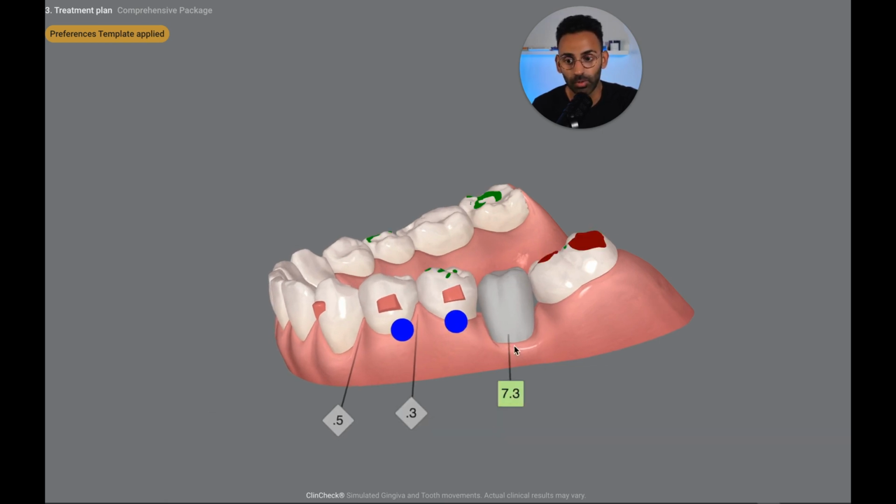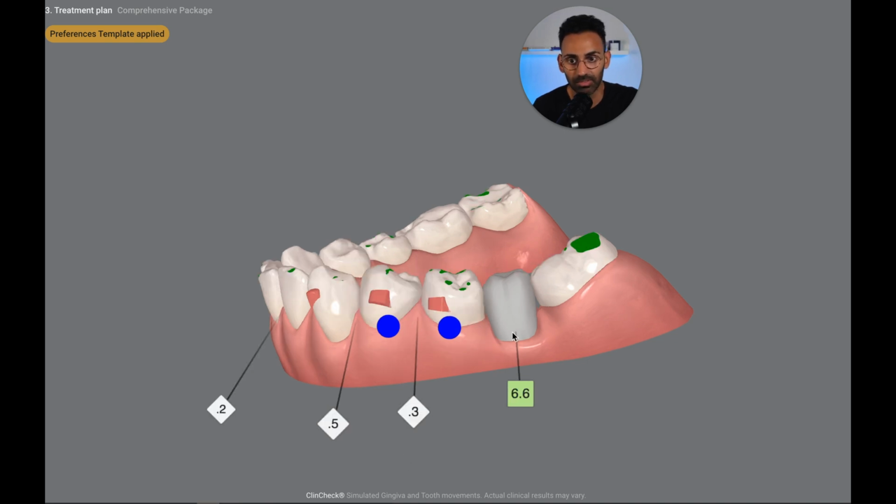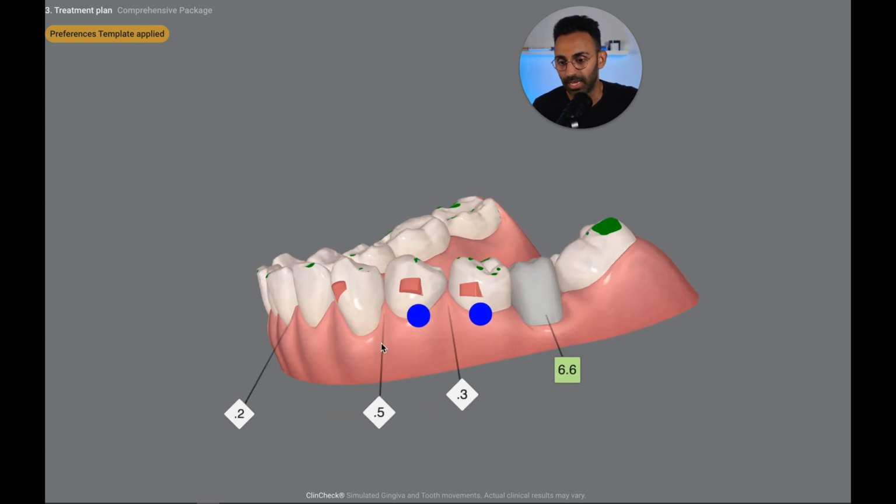So if you are trying to place an implant here and you need that much space, sure, you can go for it. But if 6.6 millimeters is enough space for you to drop an implant in here and close that space, I would much rather do that and then use this purely as an anchorage movement, because anytime you try to rotate this tooth, you have to remember that's going to take forces away from other teeth. So that is my take on that.